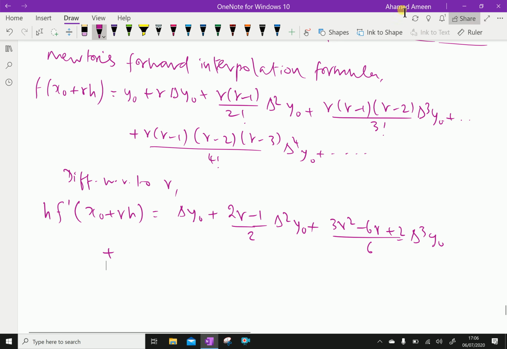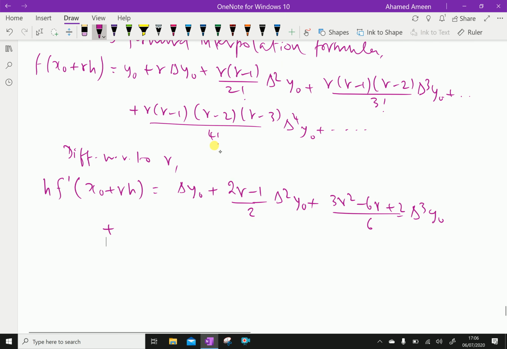Then this term, r into r minus 1, r minus 2 and r minus 3 over 4 factorial: after simplification and derivative you get 2r cube minus 9r squared plus 11r minus 3 over 4 factorial. 4 into 3 is 12, 12 into 2 is 24, but taking the common factor 2 out and cancelling, it becomes 12 down, delta power 4 y0, then it continues with more terms.